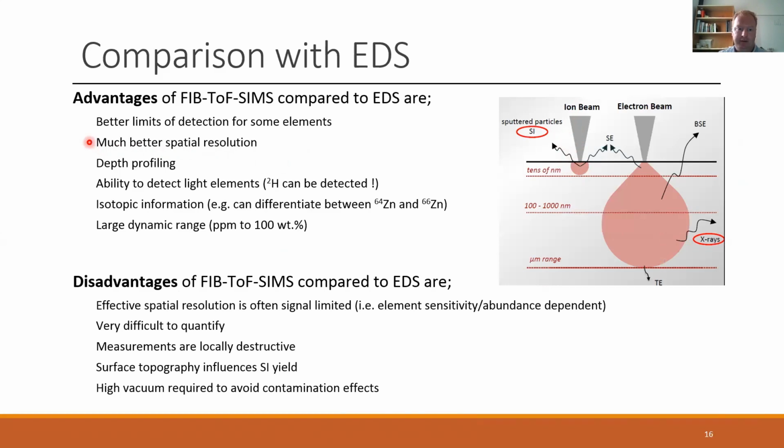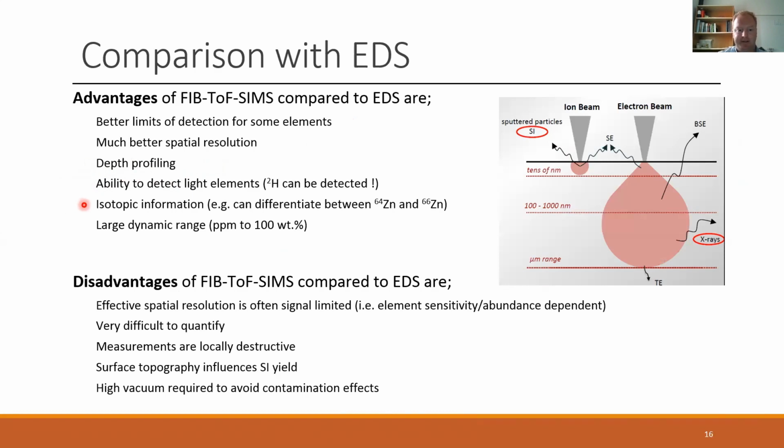So the advantages are better spatial resolution, and better detection limits for things like alkalis and rare earths, though not so much for things like gold. Depth profiling: because we're physically removing material, we can look below the surface, and I think that's a really major advantage of this technique. Light elements: I'll show you some really nice examples, but the ability to analyze things such as lithium is gaining importance in Australia at the moment and elsewhere.